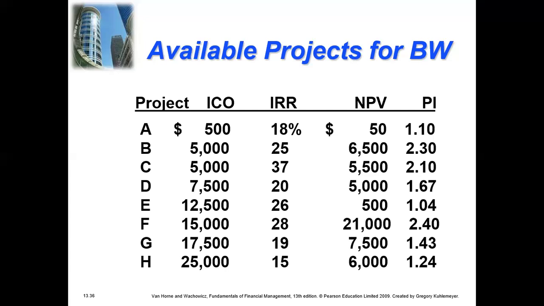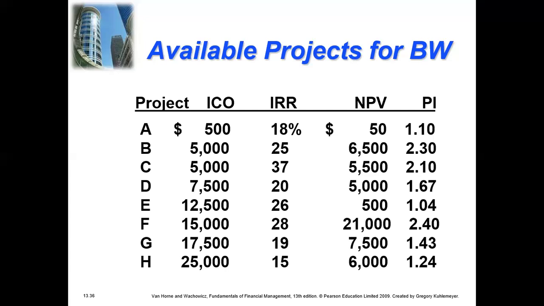If we add 5,000 plus 15,000 plus 12,500, it is 32,500, the maximum ceiling we have. So our overall investment of 32,500 is covered by investing in 3 different projects, that is C, F, and E.